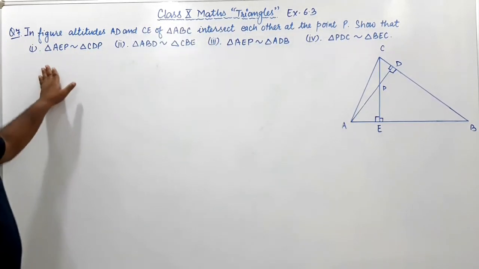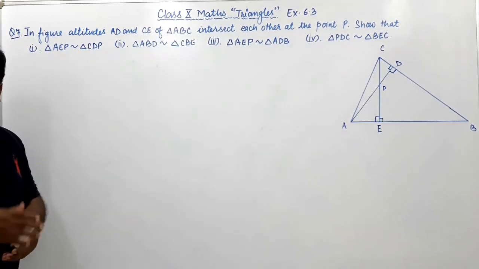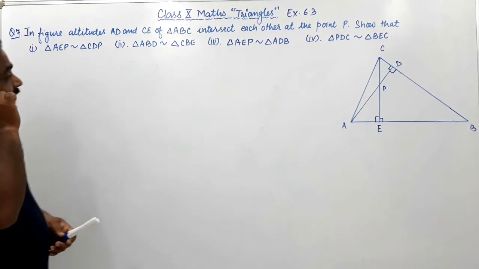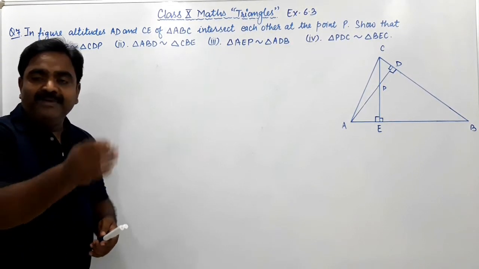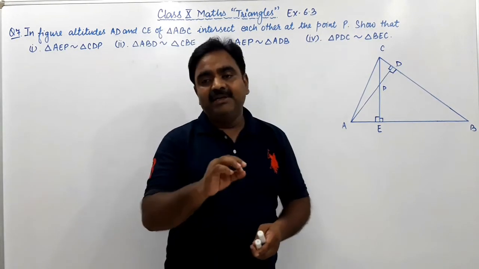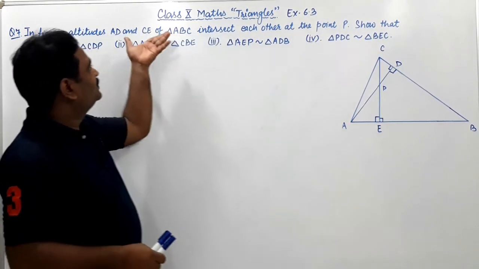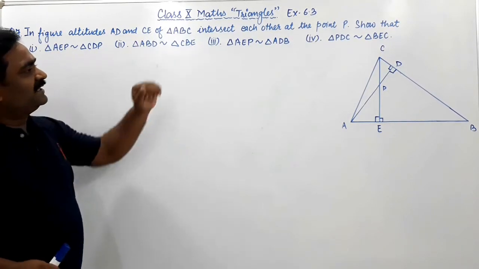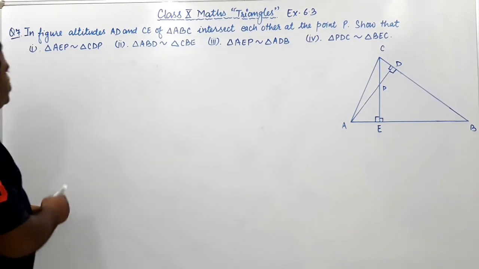So these things are given, and we have to prove the following. When you are proving this question, you need to write down the data and what is to be proved. In the data, these are altitudes on the sides.